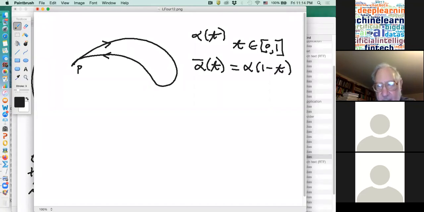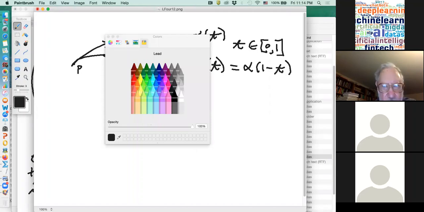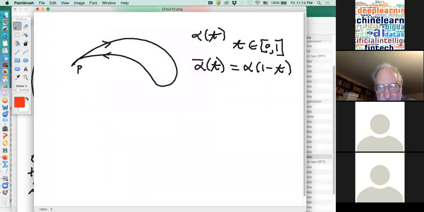All right? And that's still defined on the interval [0, 1]. It just starts in the other direction and goes backward. So if we wanted to understand alpha bar, then we just start here and go that way, right? And go all the way back to the beginning.